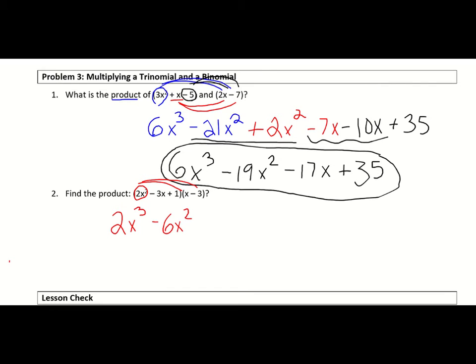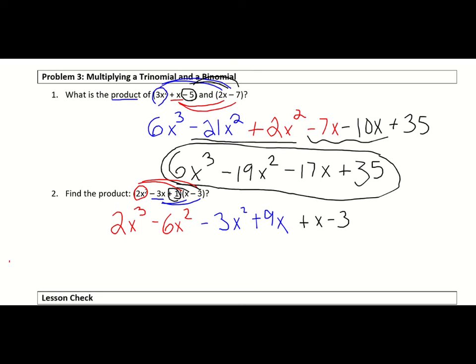Once we've distributed that, we need to distribute the negative 3x to the x and negative 3. So we'll get negative 3x squared and positive 9x. And then lastly, you need to distribute the 1 to x and negative 3 to get x and negative 3.